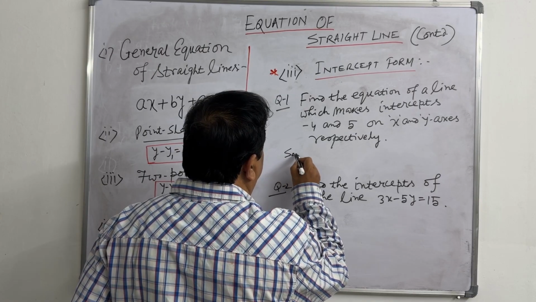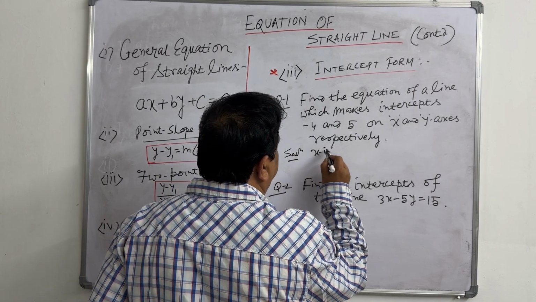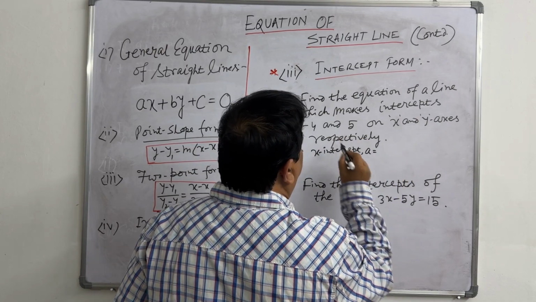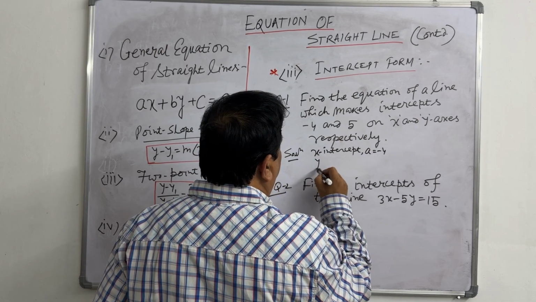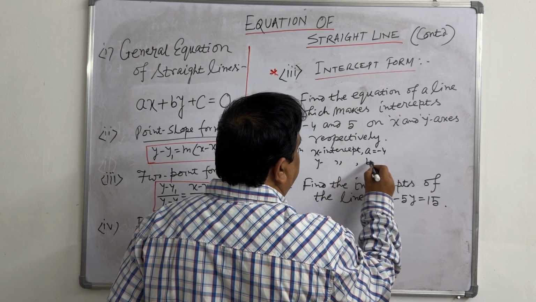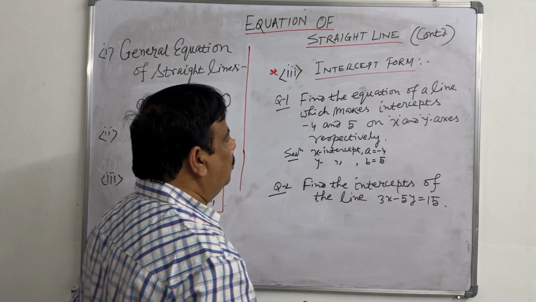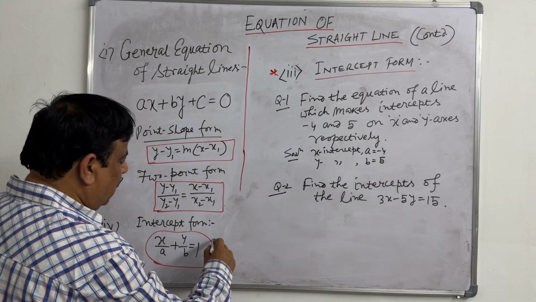What is the solution? The x-intercept a is given as minus 4, and the y-intercept b is given as 5. So use the formula.